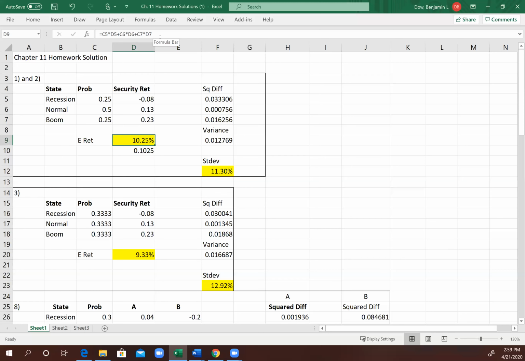Then to find the standard deviation, you have to look at what's going to happen to this security relative to its average. So you take negative 0.08 minus 10.1025, and you see how far away the observation's return is relative to the mean, and you square it. The weighted average of that squared difference is what's called the variance.